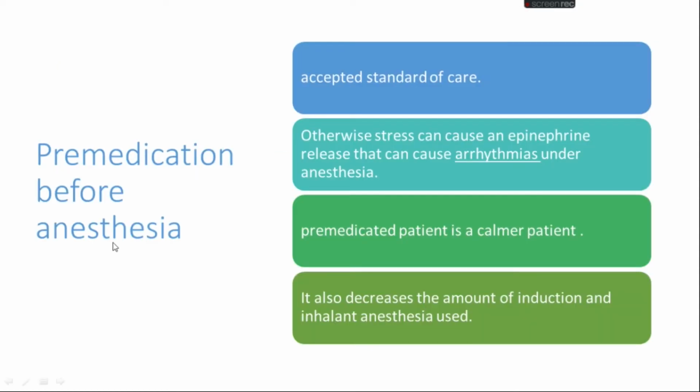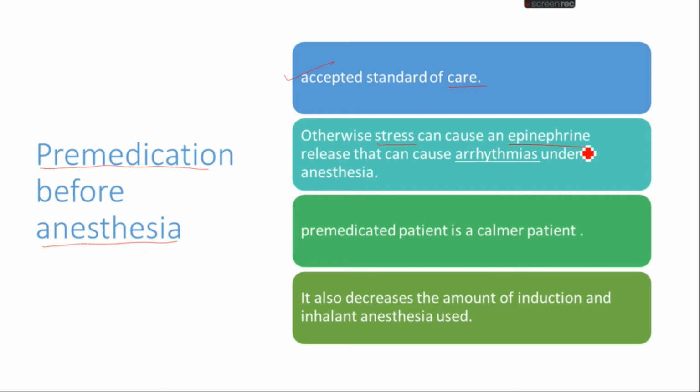Before the anesthesia, we most commonly use pre-medications. In the pre-medication, xylazine and other drugs are used. So why are they used? As we know, they are the accepted standard of care. On the other hand, the animal may have stress or pain, and in a stressful condition, a hormone known as epinephrine is released inside the body.